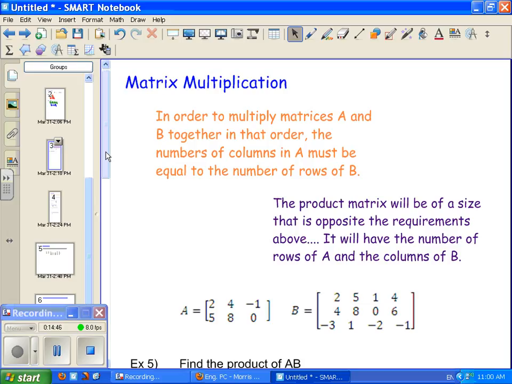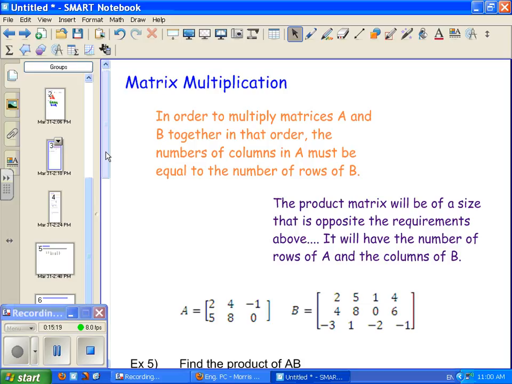All right, so if you look down here, how many columns do I have in A? 3. And how many rows do I have in B? 3. So I'm okay. But then your answer may not look like either one of these. The product matrix will be the size that is opposite the requirements above. So it's going to have the number of rows of A and the number of columns of B. So if I were to multiply these two together, how many rows will it have? 2, and its columns? 4.